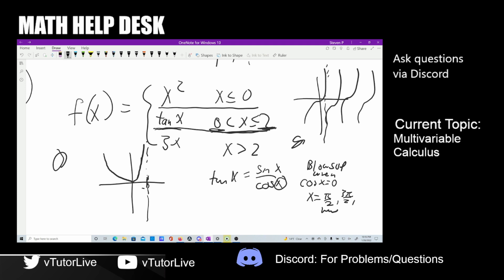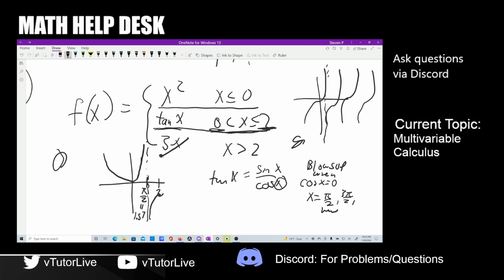So this point right here is pi over 2, which is about 1.57. And then tangent starts picking up again until it reaches x equal to 2, at which point the behavior 3x takes over. So 3x is just going to look like a vertical line.